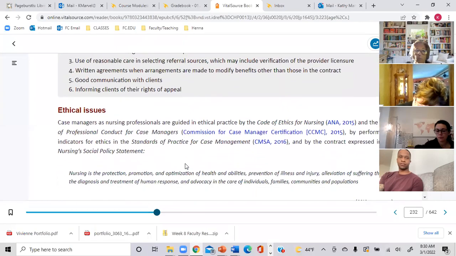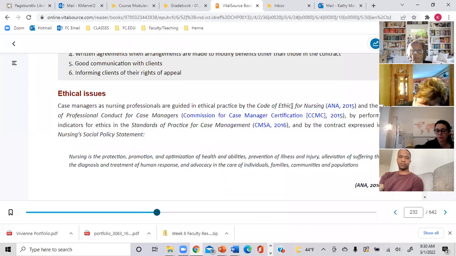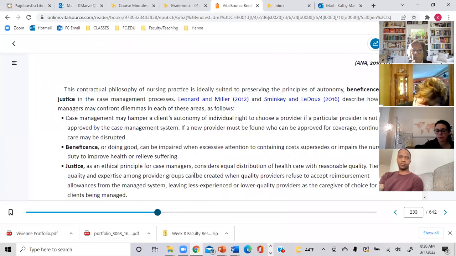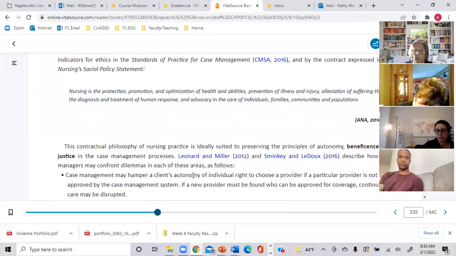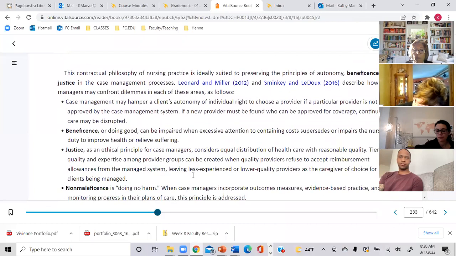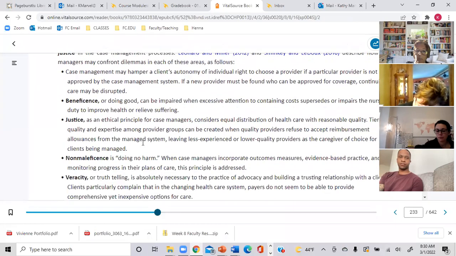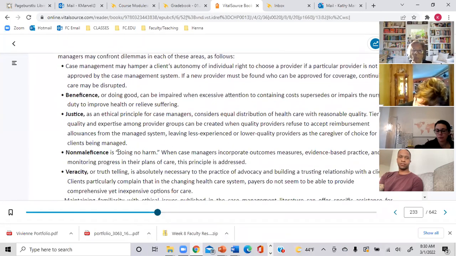And then we also talk about ethical issues again, right? So case managers have their own code of ethics. Okay. And case management ties into the ethical principles of beneficence, justice, non-malfeasance, which is doing no harm, and veracity.